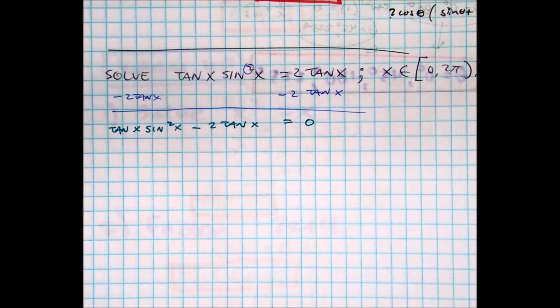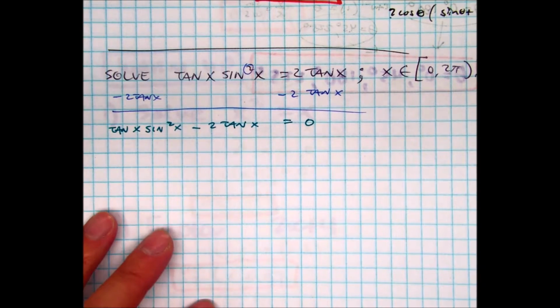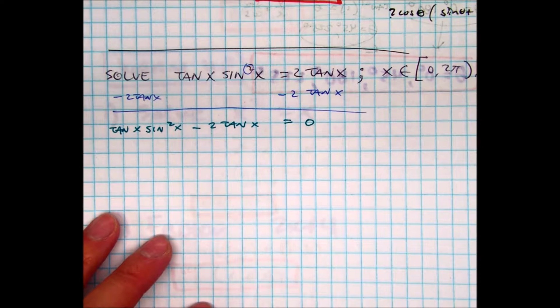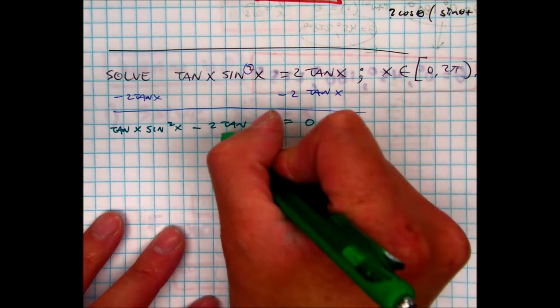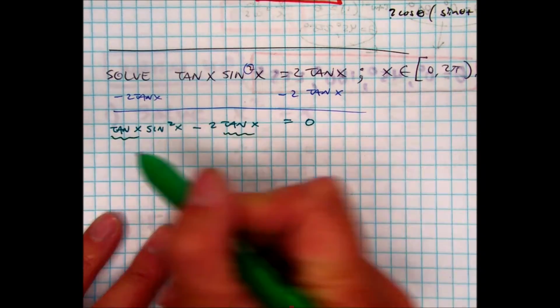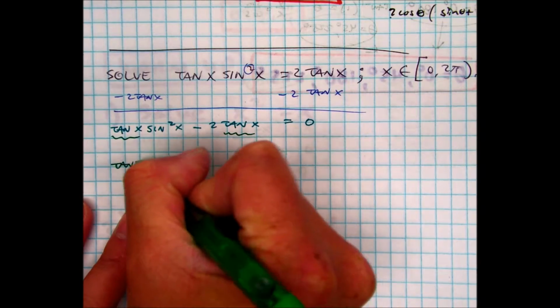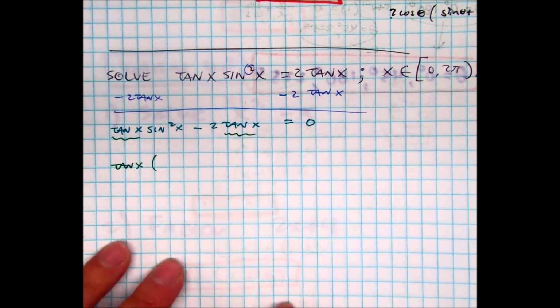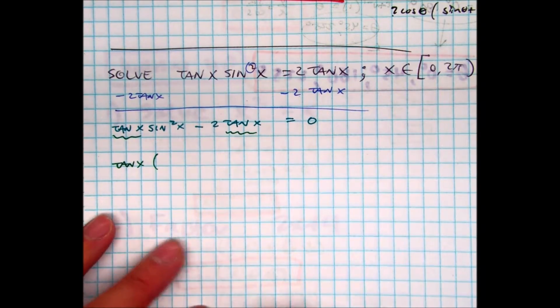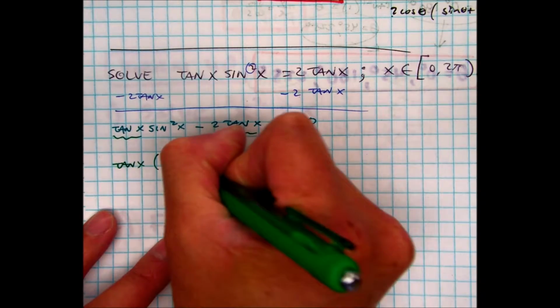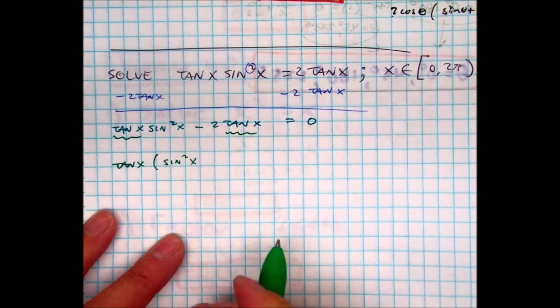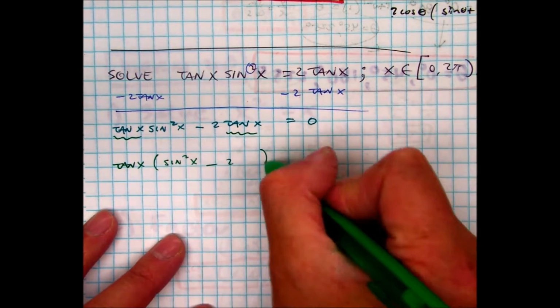What do you guys notice that is in both of those? Okay. So let's go ahead and factor out the tangent x. So tangent x is my greatest common factor. What's left? Sine squared x minus 2 equals 0.